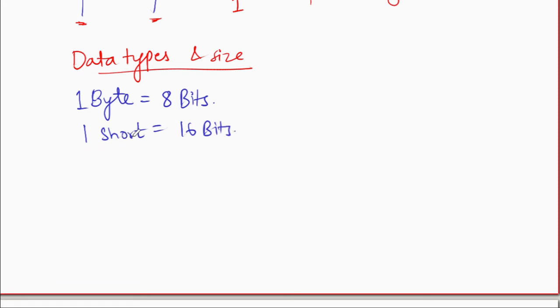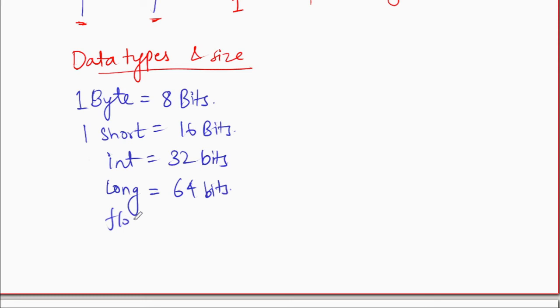Short is a data type similar to int, with a size of 16 bits, whereas for int it is 32 bits, and for long it is 64 bits.